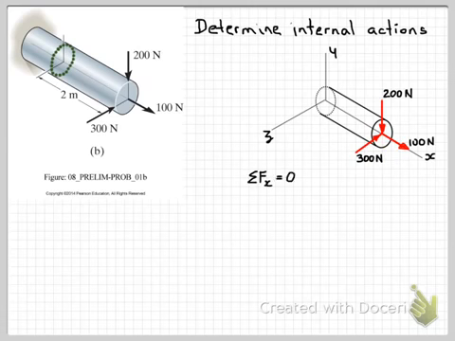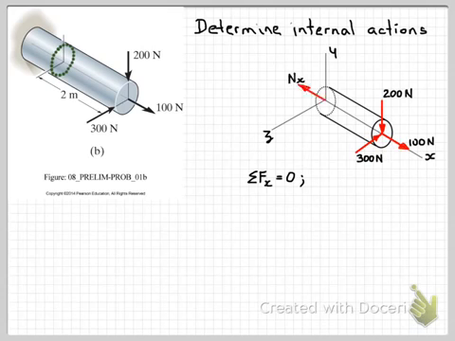So if we start by looking at each of the equilibrium equations in turn, so here we'll look at the sum of the forces in the x direction. Note that on my diagram I've indicated what x is, and also of course y and z directions. Okay, so taking first of all the sum of the forces in the x direction equals 0, we can see on our diagram that we have a 100 Newton force in the x direction, and that's all we have.